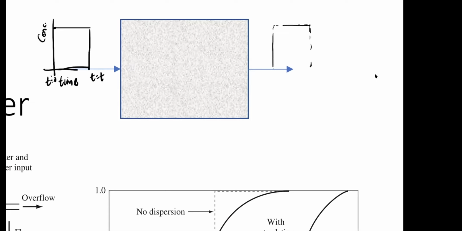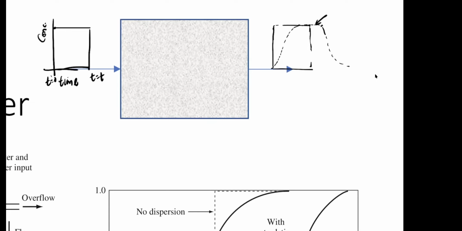The effluent concentration will look exactly the same, because you are just moving the concentration that way. But if it is soil, then it will start dispersing, right? So that's why it is going to start looking more like this. It will disperse, go a little bit further away, and then start dropping like this.